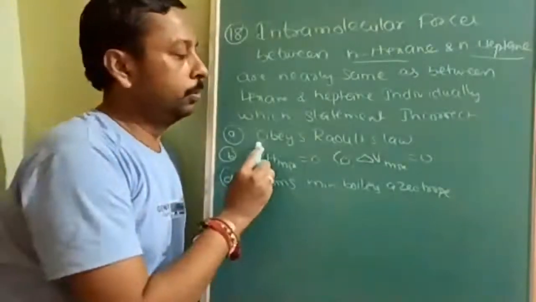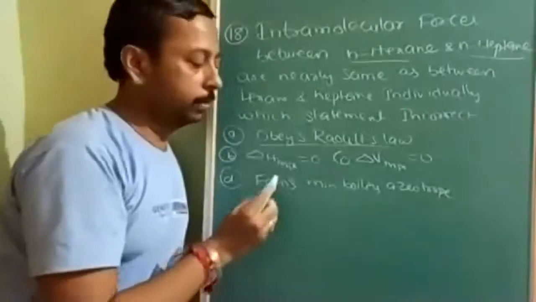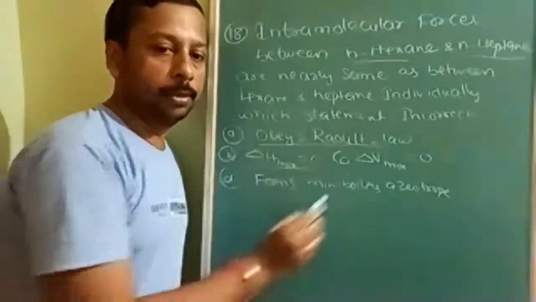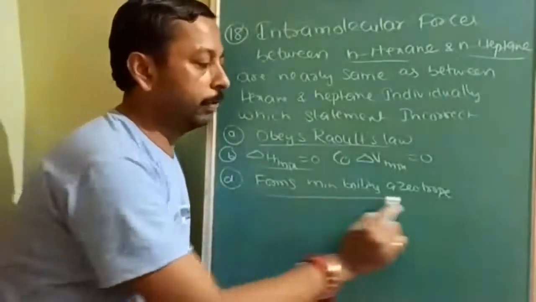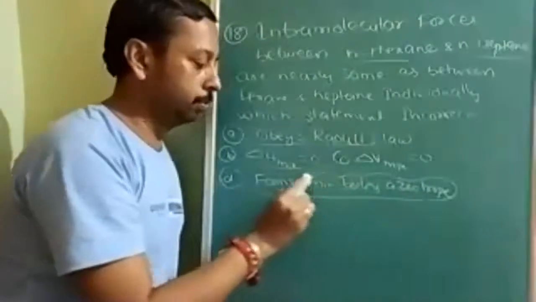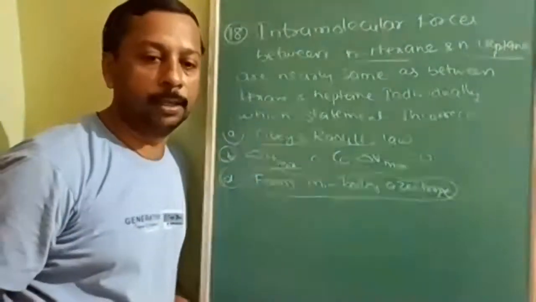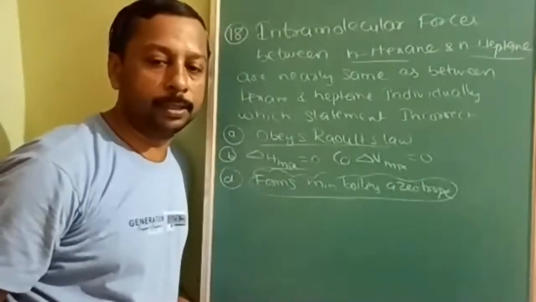Obeys Raoult's law, so that means it is an ideal solution. Delta H mix is 0 because ideal solution. Delta V mix is 0, ideal solution. Here forms minimum boiling azeotrope. Any type of azeotrope is formed by the non-ideal solution. As it is an ideal solution, this sentence is wrong.